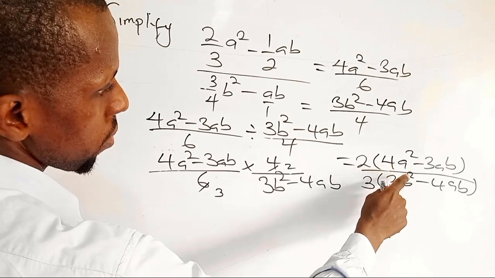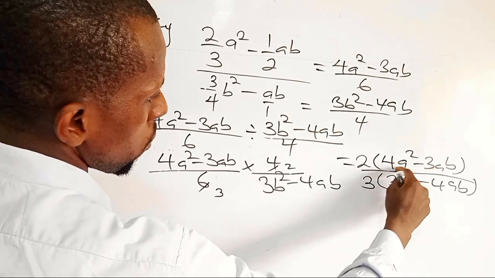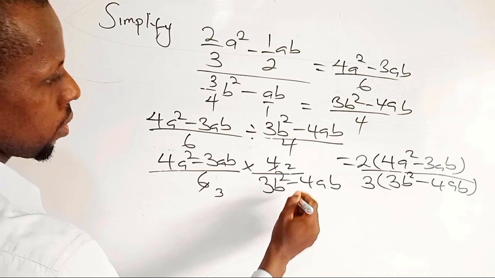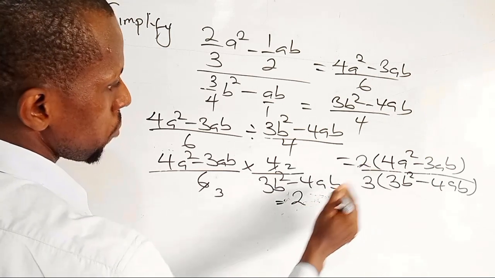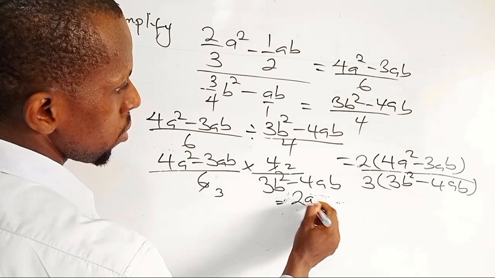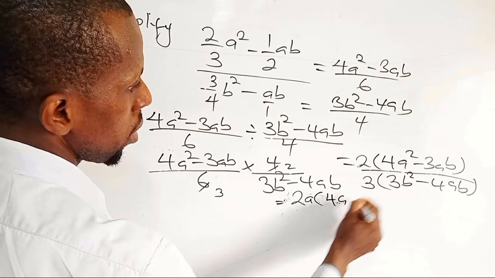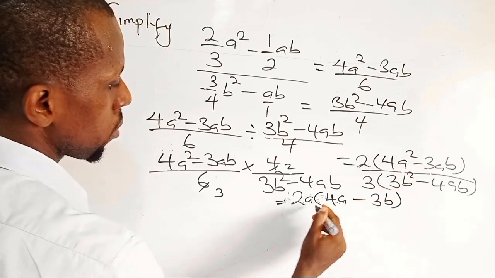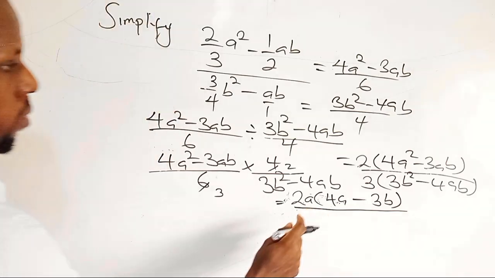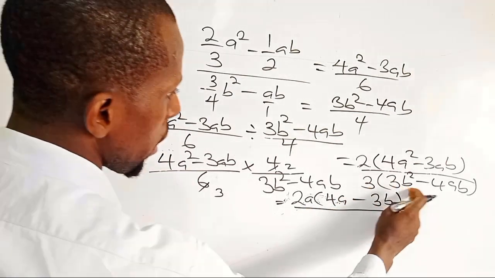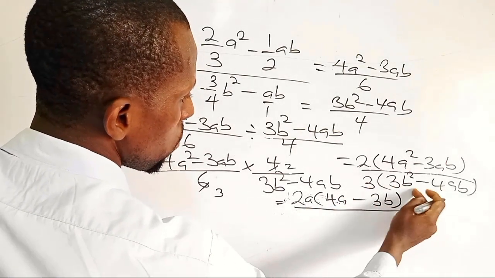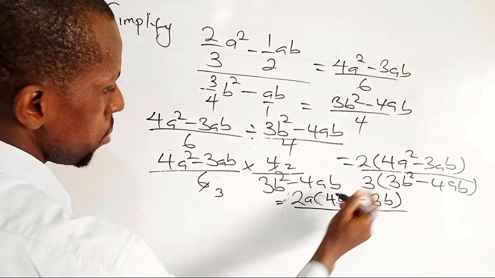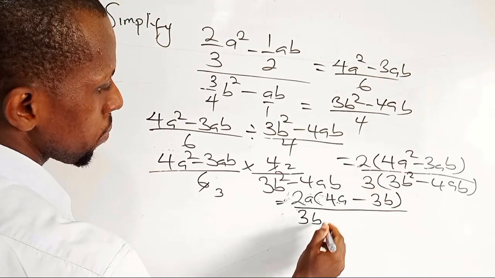When I look at what I have in the parentheses, I can still factor it out. I still have a common to them, so my 2 is already here, so I have a. Okay, a is common, so I have 4a minus 3b for the numerator, divided by, in this case, b is common, so I can bring out my b, so I have 3b.